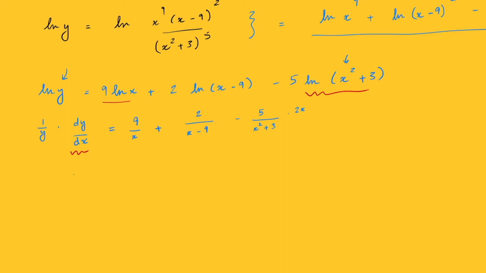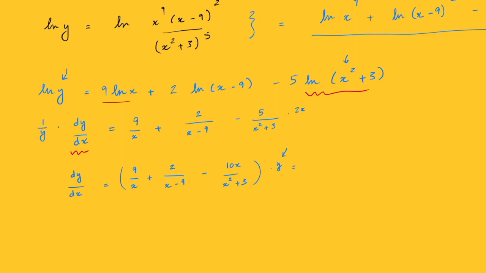Doing that, we get that dy over dx is equal to 9 by x plus 2 over (x minus 9) minus 10x over (x squared plus 3), all multiplied by y, which we took from the other side and transferred. And this is our final answer, and it can be further simplified if we mention the value of y.